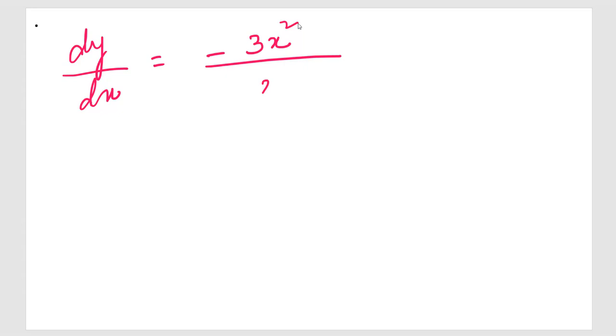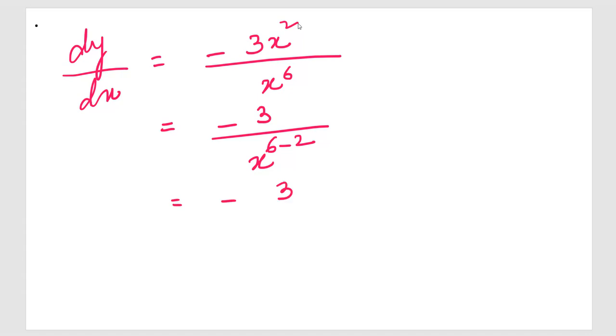So here dy by dx is equal to negative 3x square divided by x to the power 6, because in the denominator there is x cube into x cube and they are multiplying each other. If they multiply, you have to add the powers, so it will be x power 6. Because in the denominator we have a greater power compared to the numerator, take this to the denominator because the bases are same.